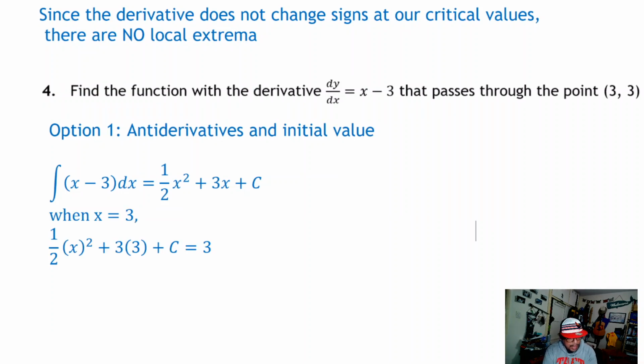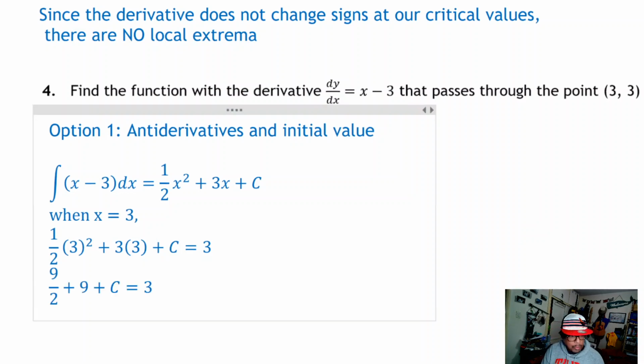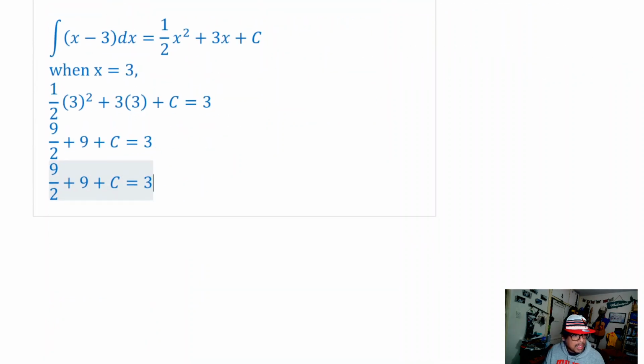And then we say when x equals 3, we get a half of 3 to the second power plus 3 times 3 plus our constant of integration is equal to 3, which is equivalent to saying that 9/2 plus 9 plus constant is equal to 3. And then now we'll do some quick solving.